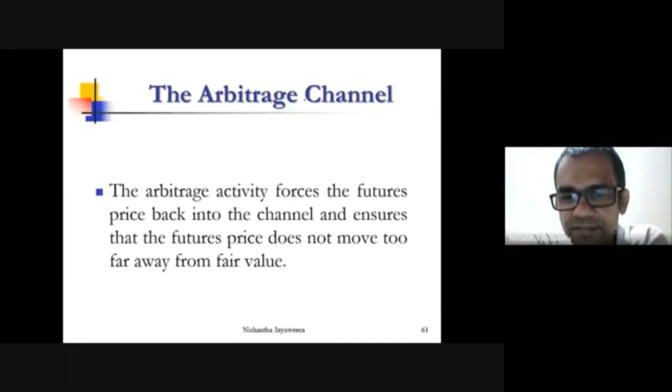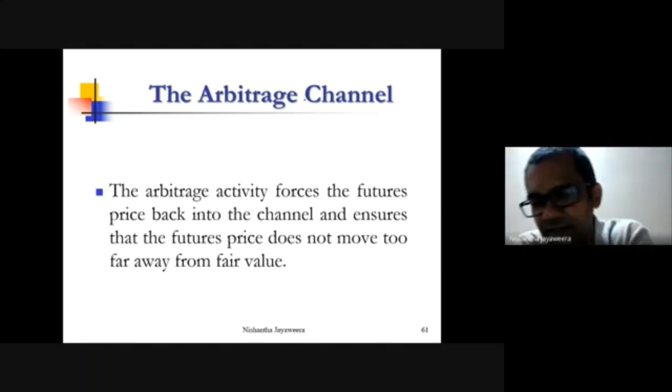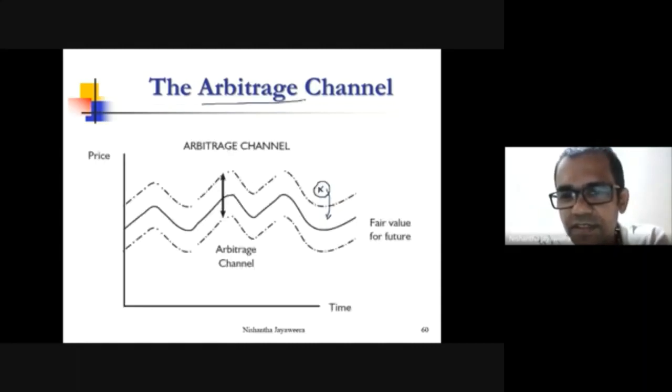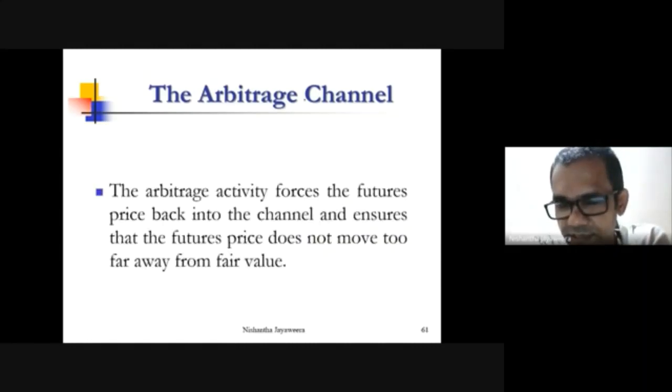All those things matter. You should have rupees or dollars to do all those transactions. There should be another party. Whatever price they quote when you go and ask for a price, it may not be the current spot price. There may be taxes practically. When you do a trade, if there are taxes, you have to consider tax as well when you decide on this arbitrage opportunity channel. All those matter.